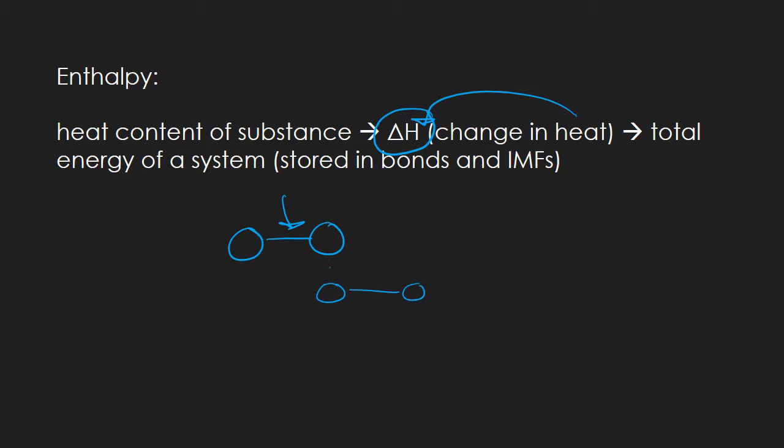Remember, those IMFs can be van der Waals forces, also known as London dispersion forces, dipole-dipole forces, and hydrogen bonds. And the stronger the IMF, the more total energy you have in your system.